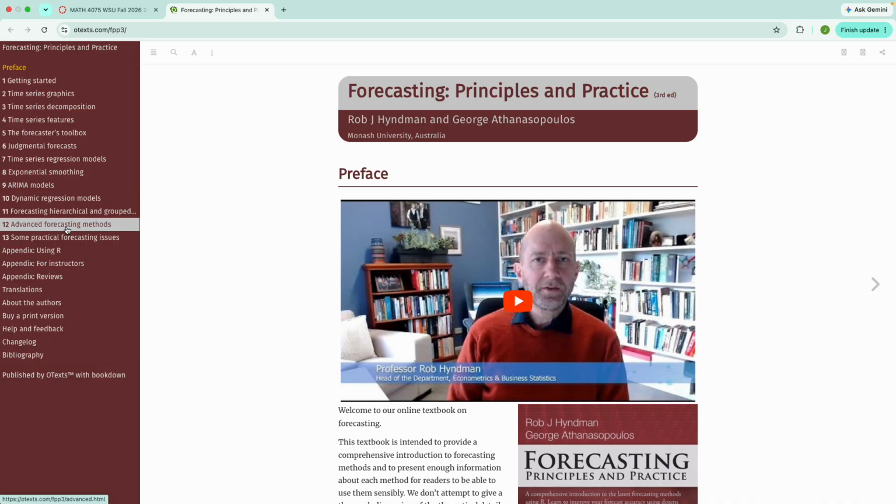I'm going to be using R for this course for two reasons. One is originally this textbook was written in R. The second reason is that traditionally time series analysis was done in R, and so a lot of the texts were originally written in R. So that's going to be the primary focus of this course.